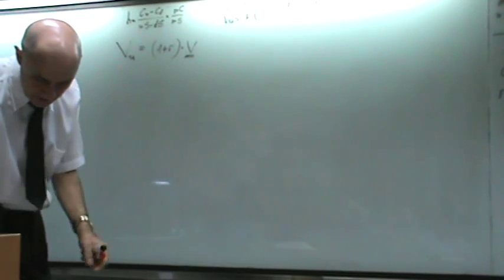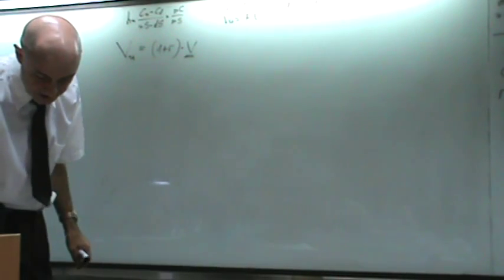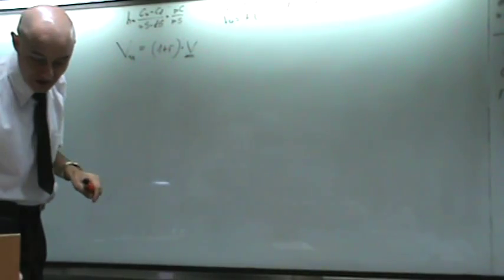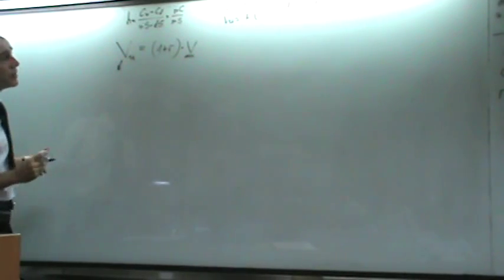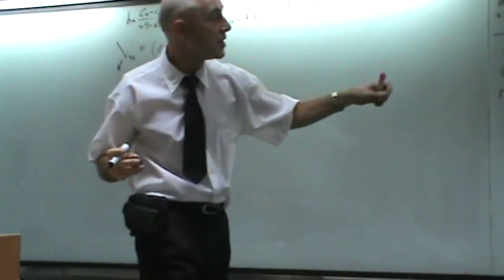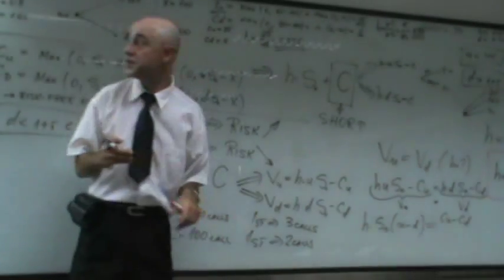And now we need to do this. We try to substitute VU and see what VU is like. So VU equals, let me see where I got it over here. This is the VU over here: H times U S0 minus CU.